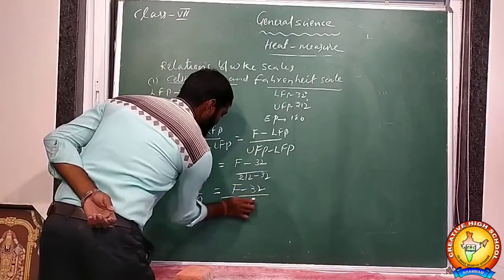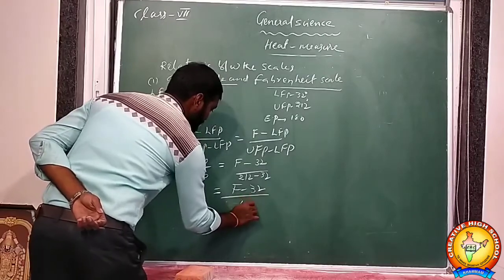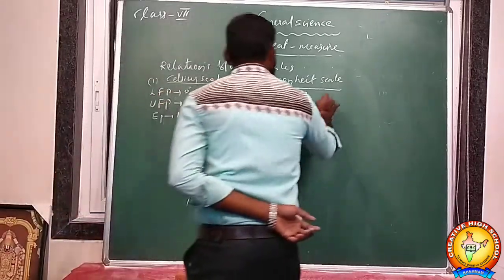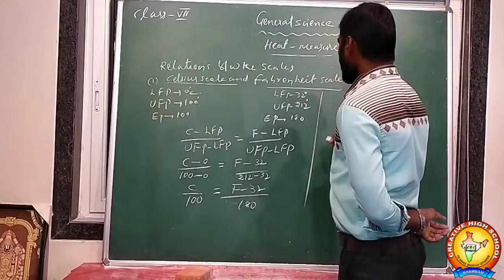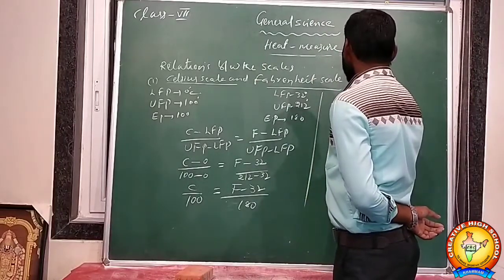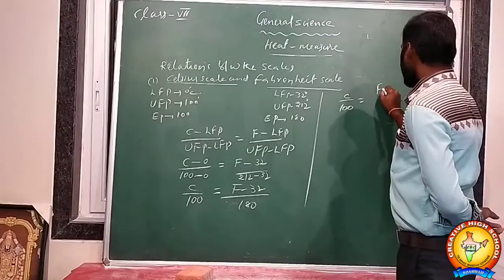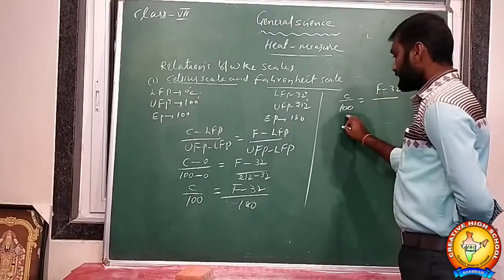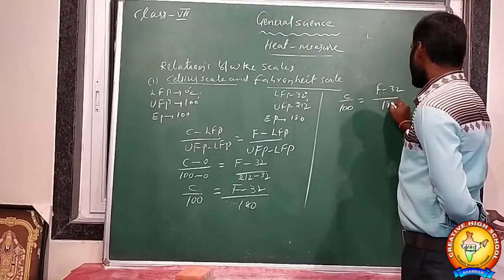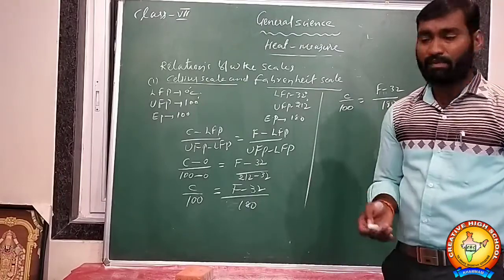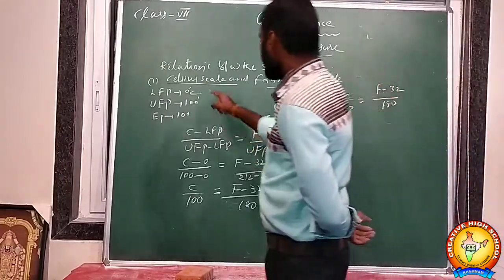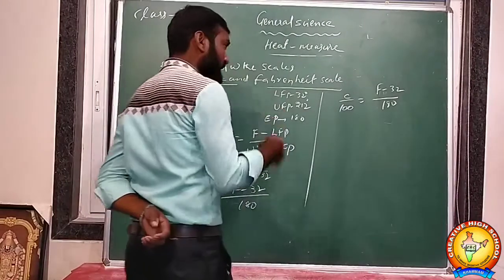How much is 212 minus 32? It is 180. So C by 100 is equal to F minus 32 by 180. Now find the relation between C and F, the Celsius and Fahrenheit scales.